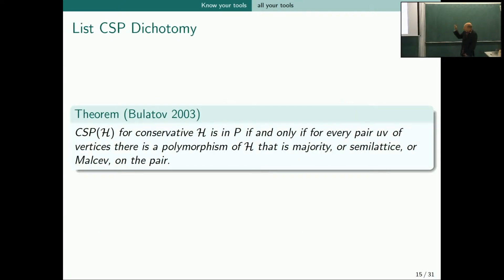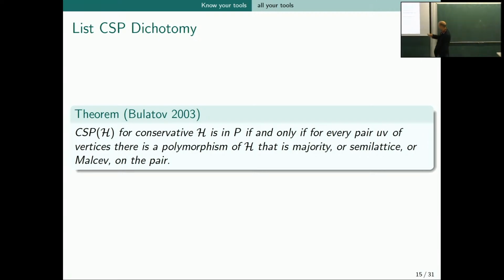I'll state this theorem. We're not really going to use it, but it's an important theorem, and we mentioned it before. Bulatov, before the CSP dichotomy was proved in 2017, about 14 years before, proved it for list homomorphism with conservative targets, the targets that have all the unary relations.